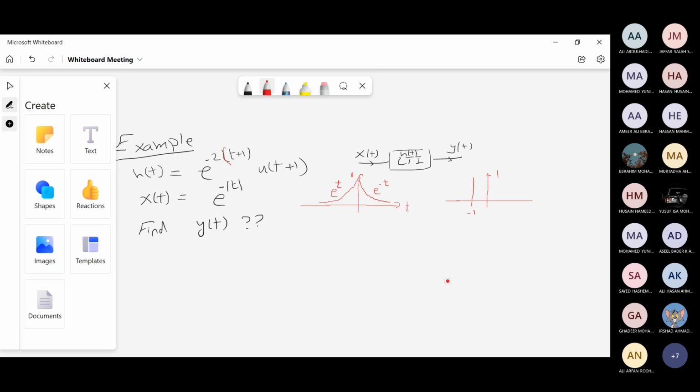And then it is again exponentially decaying like this. So this is h of t, and this is x of t. This one is equal to e to the power of minus 2t plus 1.